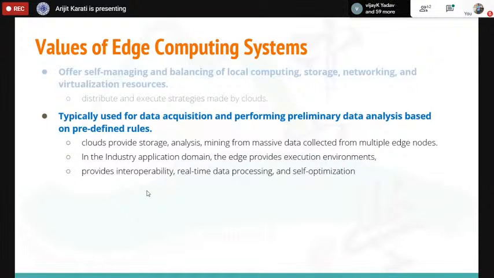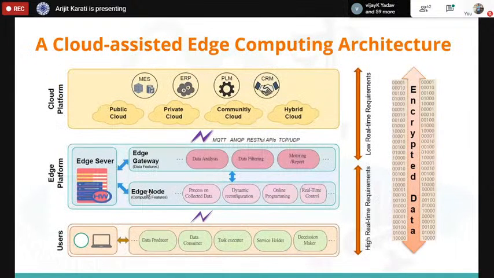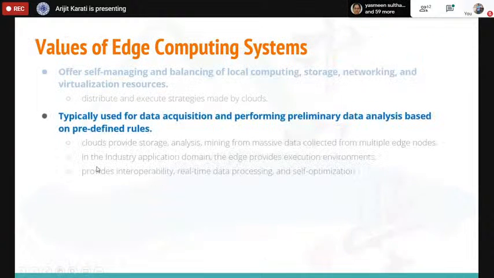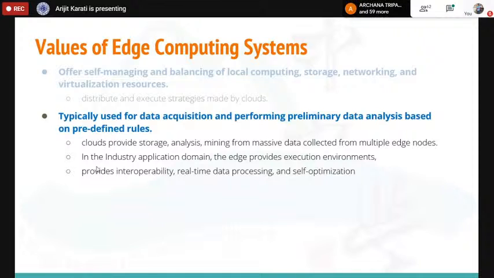The user can define the rules, and the edge server can also define the rules. So that is the second advantage. As a supplement to the cloud, edge computing provides interoperability and real-time data processing. It can also help with self-optimization, which is sometimes not a focus of the cloud.